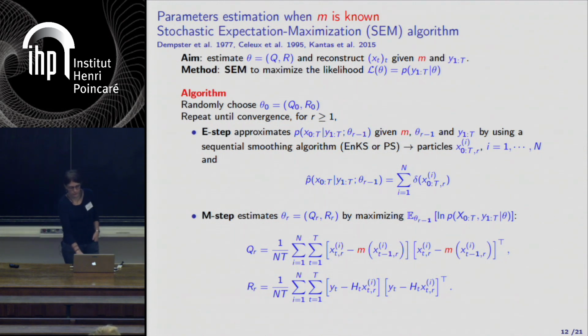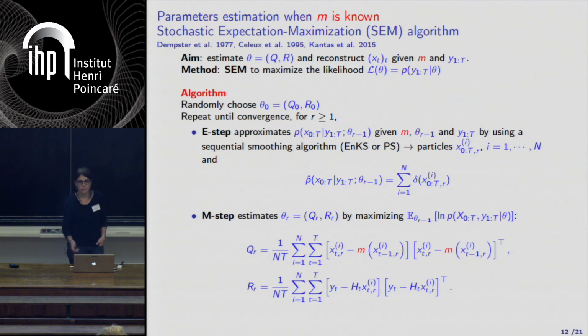You could use the ENKS algorithm or a particle smoothing algorithm. And then once you have time series which are realizations of the posterior distribution, you can estimate Q and R using the classical estimates, which you can derive from the likelihood. You do that if M is known.